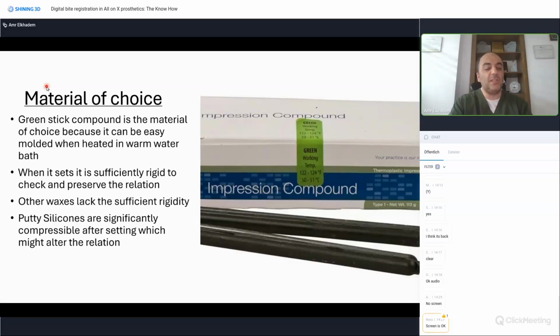So when the patient is biting, he might do a little bit of overclosure. And the silicone, on the other hand, is good, but it's compressible. So when biting over the stopper, if you make the stopper out of putty silicone, it would be a little bit compressible. So let's see how to use this very nice material to create the anterior deprogrammer.